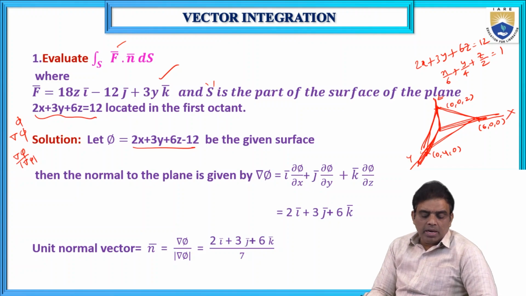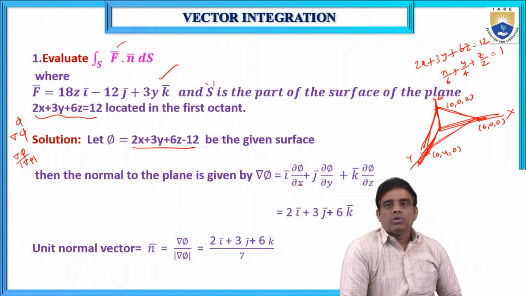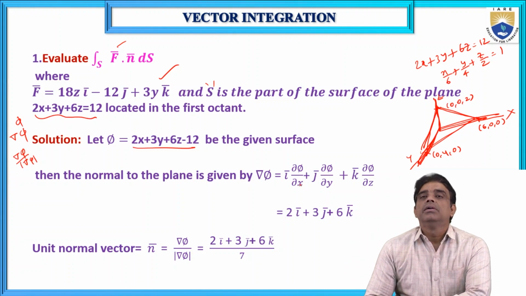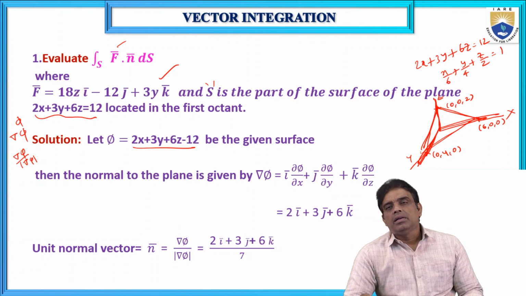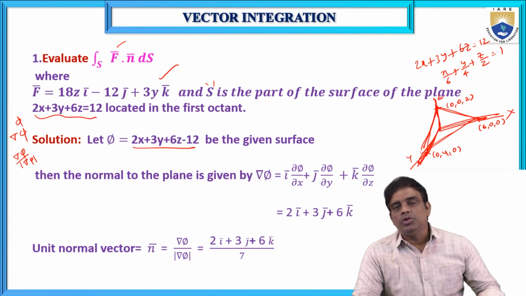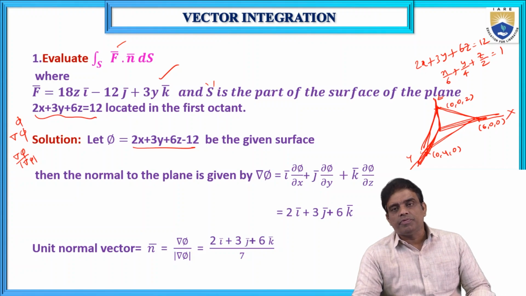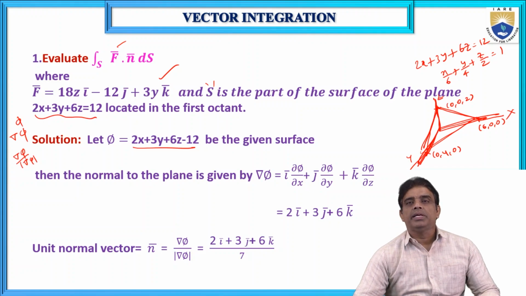Then the normal to the plane is given by grad phi. We have already seen in the first topic, vector differentiation, that grad phi indicates the normal vector to the surface. We need n cap, the unit outward normal vector, so first we have to find the normal vector, which can be calculated as grad phi.